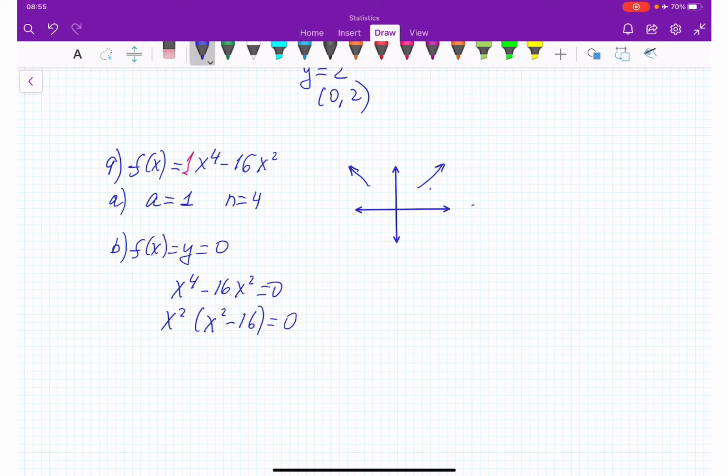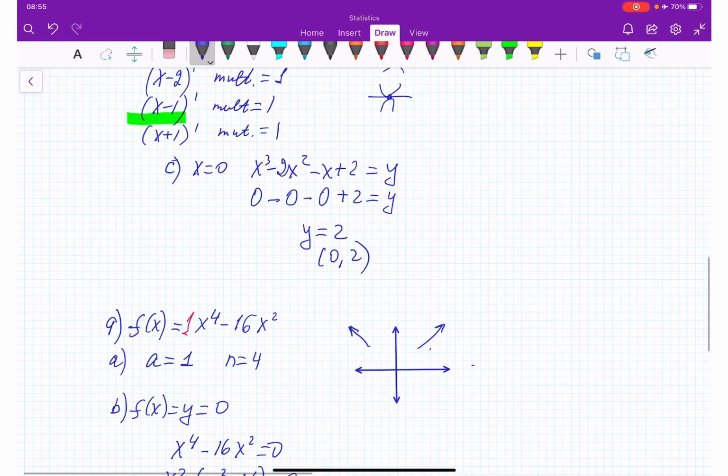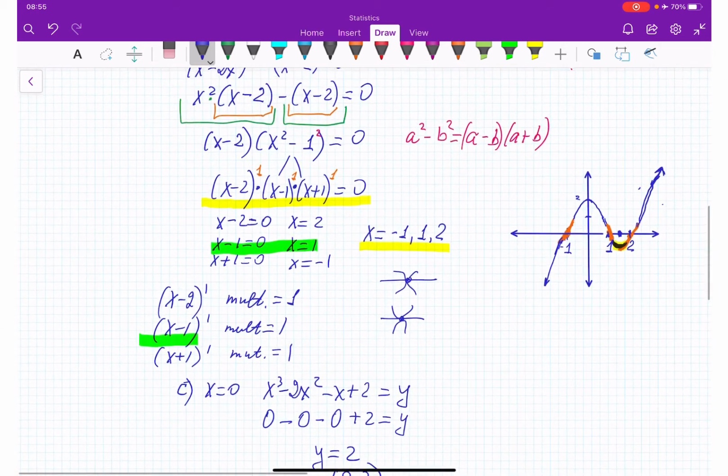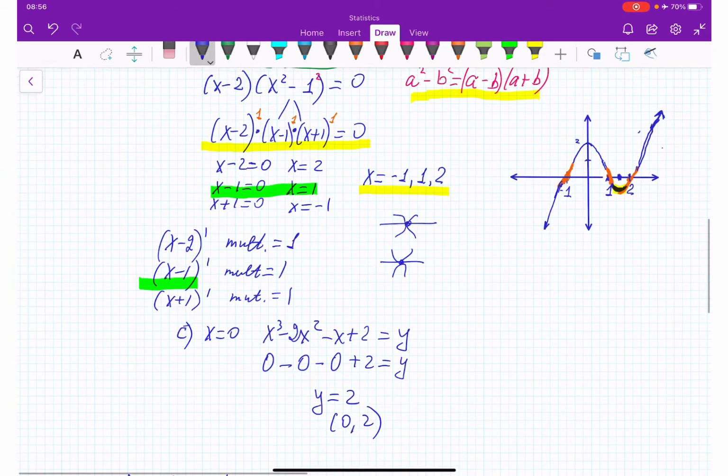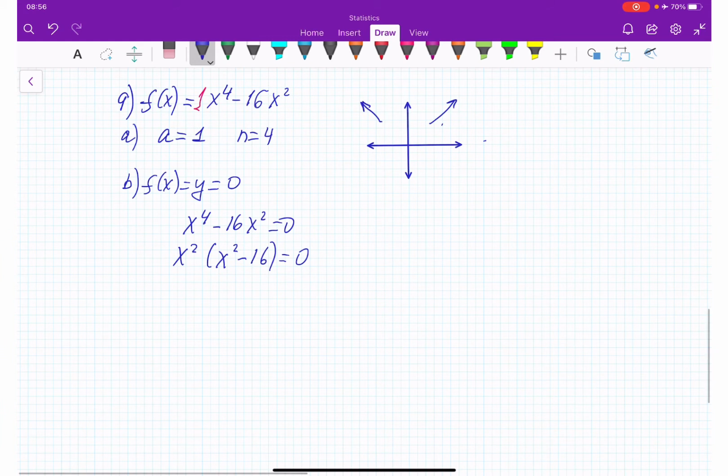For x squared minus 16, we apply the formula a squared minus b squared equals a minus b times a plus b. So it's going to be x minus 4 and x plus 4, because 16 is 4 squared, and here we have x squared, and that is equal to 0.